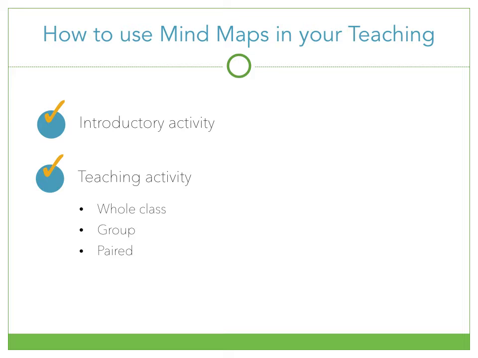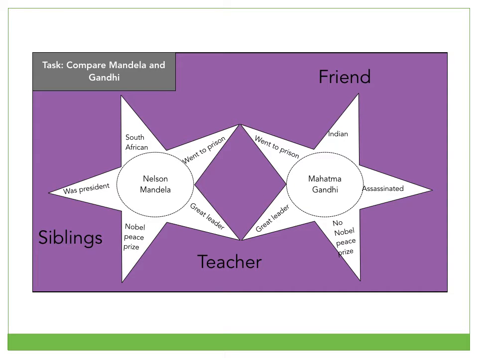You can use the mind maps as a teaching activity, and this can be done as a whole class, in pairs, or in groups. An example of this is to compare Nelson Mandela to Mahatma Gandhi. And again, they go off and do research, or you give them the information, and they need to complete the mind map in making a comparison between Mandela and Gandhi.